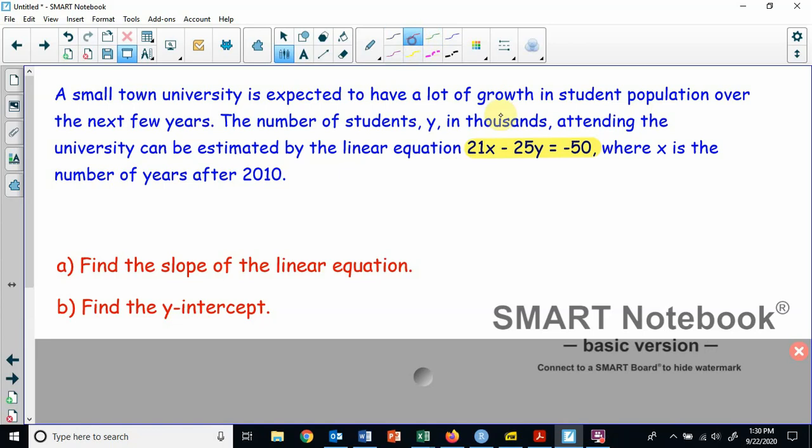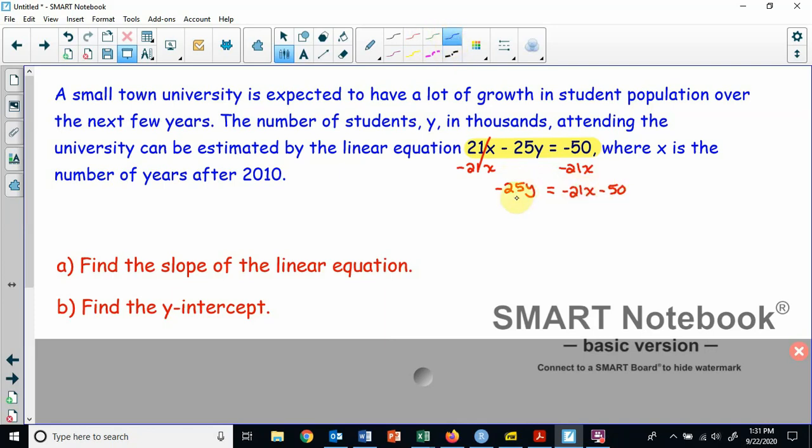So let's see. So this is a positive 21x, so I will subtract 21x from both sides. So that is a negative 25y equals. Now notice the negative 21x and the negative 50 are not like terms, because this one has an x and this one doesn't. So I cannot add or subtract those. I just write them out like that, negative 21x minus 50.